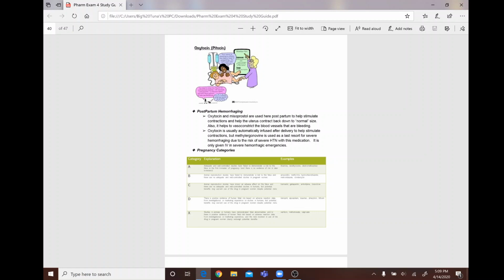Tramadol, gabapentin, amlodipine, trazodone. What are some examples of category D drugs? Lisinopril, alprazolam, losartan, phenytoin, lithium. What are some examples of category X drugs? Warfarin, methotrexate, valproate.